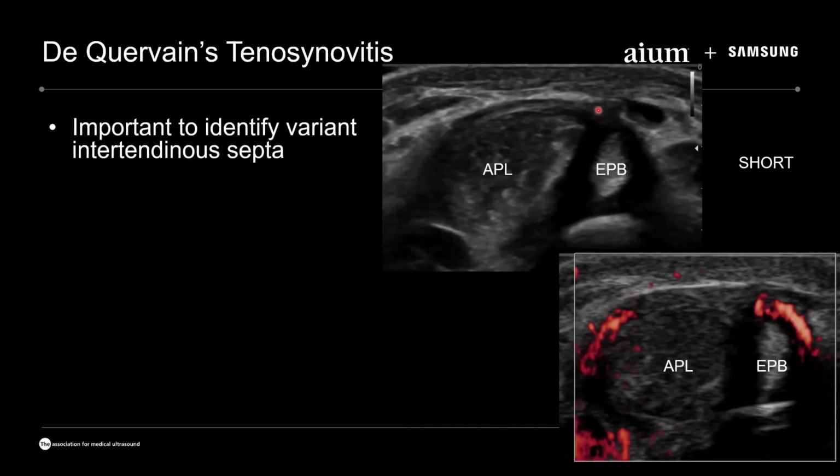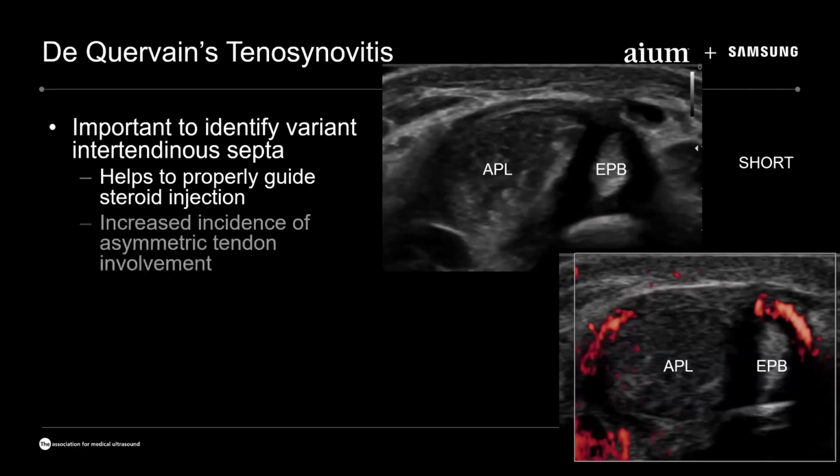So that tells us that there's likely a vertical septum here. So that's a useful variant to identify because it can help to properly guide steroid injection. Because if just one side is injected, then you might not get even distribution of the steroid because it will be loculated around one tendon slip. These patients also might have an increased incidence of asymmetric tendon involvement.